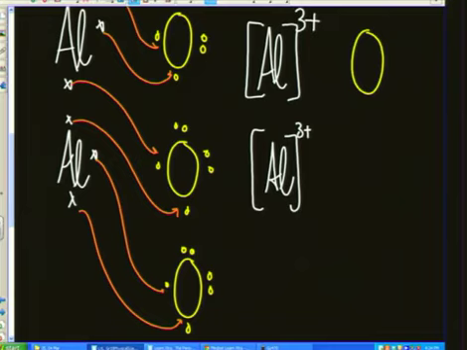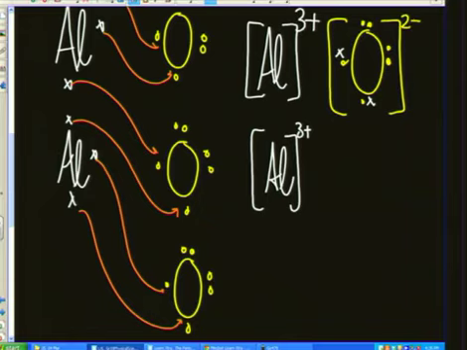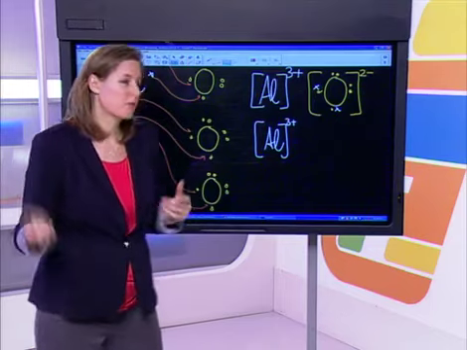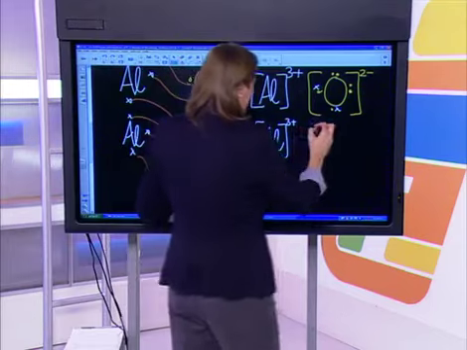Oxygen, 6 of its own plus, and I'm going to write in the little crosses, 1, 2 extra. So overall, it's going to become now a 2- ion. It's got its own 6, and it's taken up an extra 2, so it's formed a 2- ion. I'm just going to repeat that.